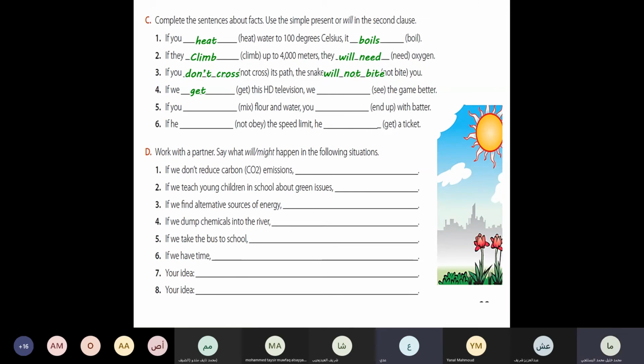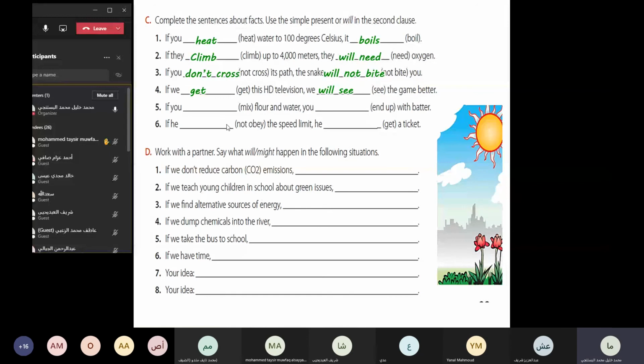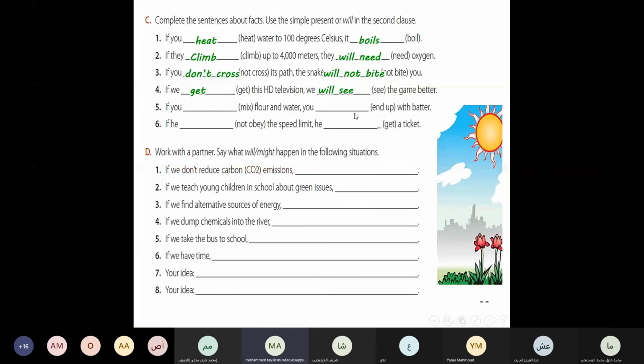Good. If we get this HD television, we will see the game better. Number 5, and try. Muhammad Taysir, if you mix flour and water, you will end up with batter.